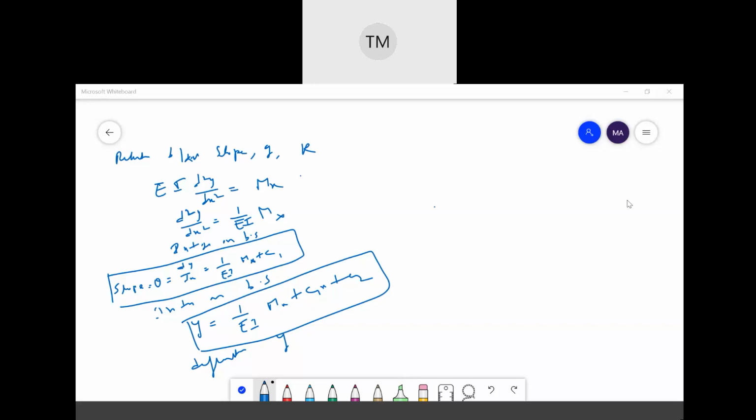So we will use this equation everywhere in the problems. So after that, next we are going to, okay, is it clear?